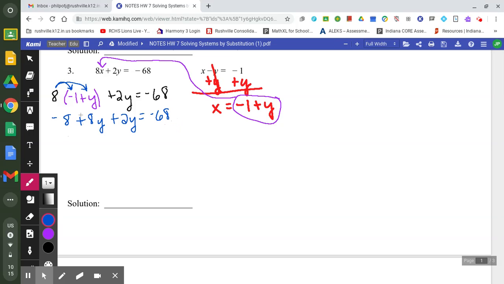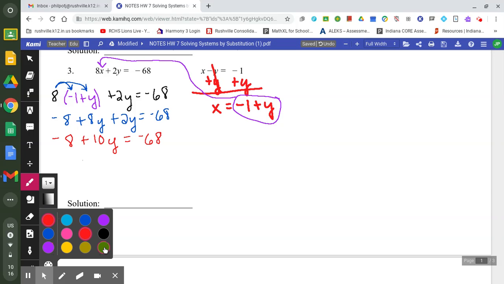I need to put together my 8y and my 2y. So my next line is -8 plus 10y equals -68. I eventually want that y to be by itself. So I'm going to add 8 to both sides of the equal sign.